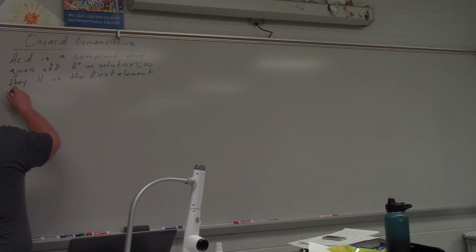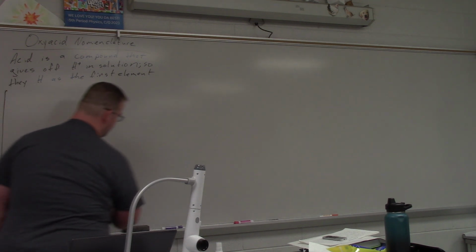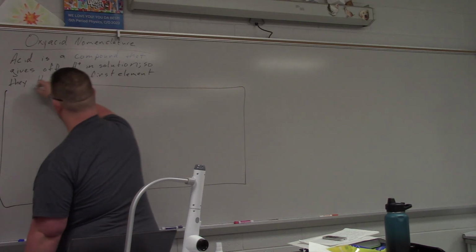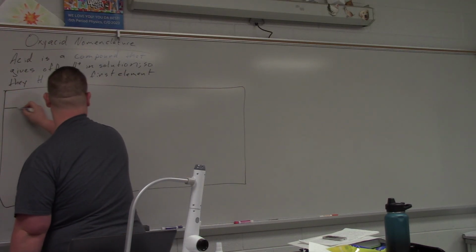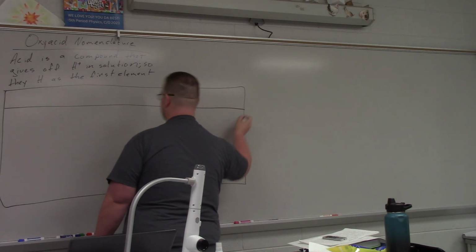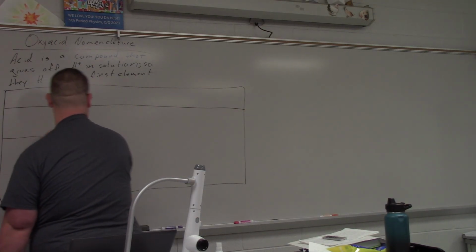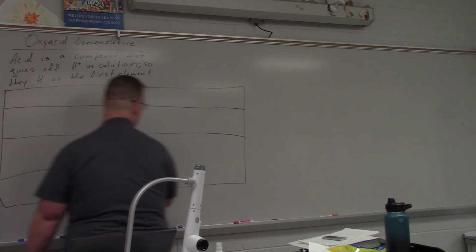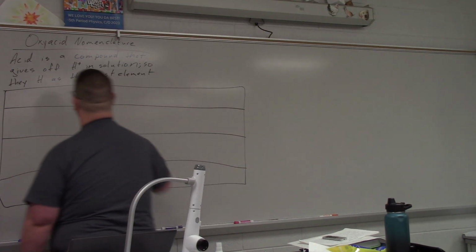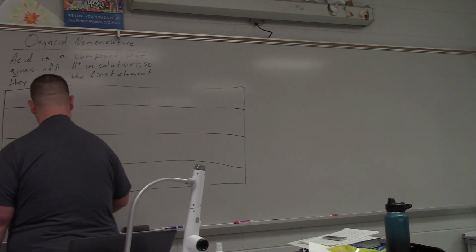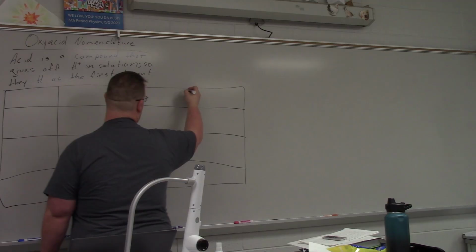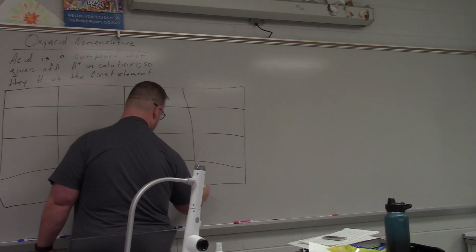And to set the rule up for this, as I told you, do a box like we did the other day. So H positive. It's hydride. That process is something you'll learn later on, hopefully. We've missed so much school, I don't know if I'll make it to acids this year.